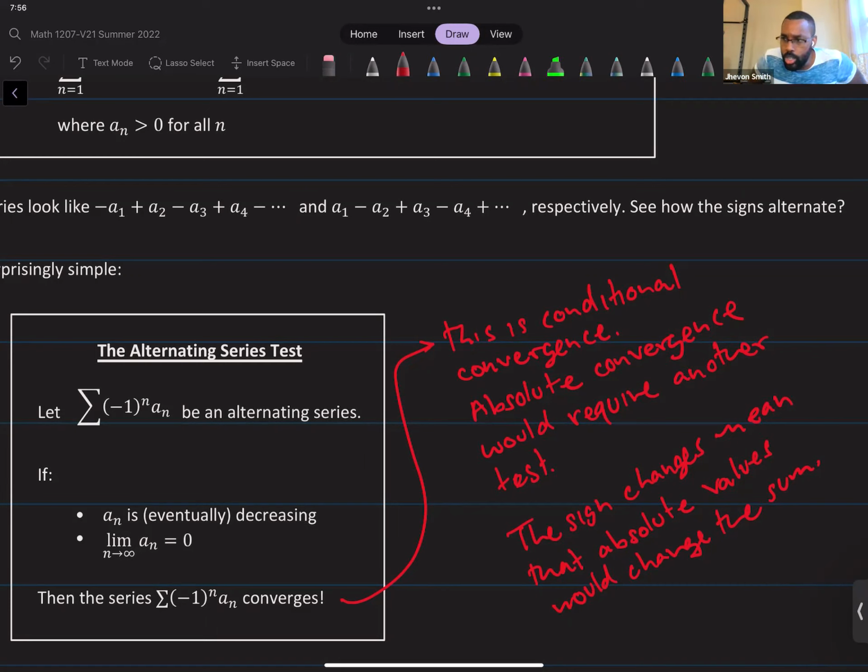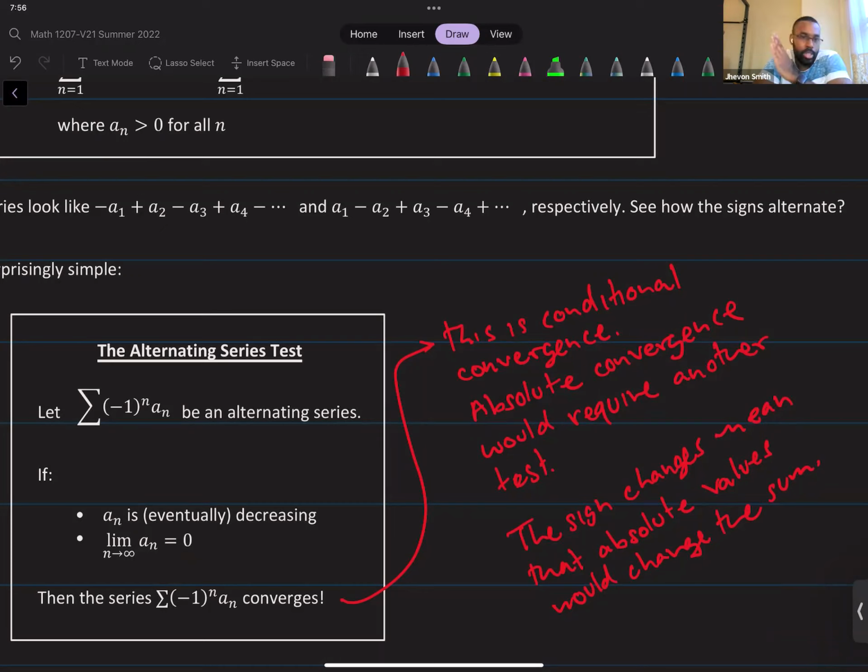You can't actually make that conclusion. So when you're doing the alternating series test, it's important that you realize that you cannot determine absolute convergence from this test. You can only determine conditional convergence. But the convergence is actually pretty easy. If it's eventually decreasing, which means after a while, your an plus 1 is always less than or equal to your an, or after a while, your derivative an prime is strictly less than 0.